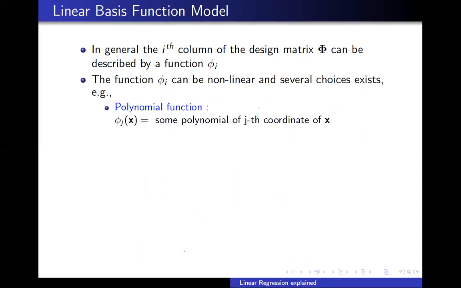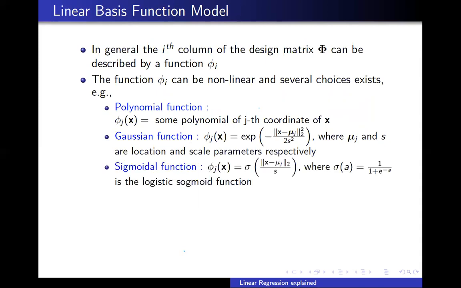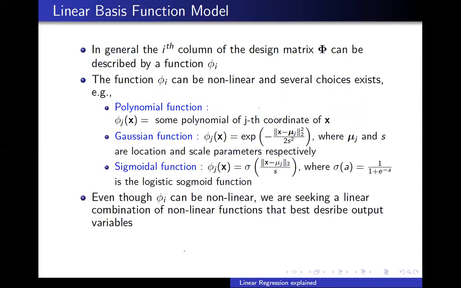It can be a polynomial function, right? For example, phi_j of x could be some polynomial of the jth coordinate, or the jth feature, or the jth covariate of x. It could be a Gaussian function with certain mean values and standard deviation, which you can also think of as location and scale parameters. It can be a sigmoidal function, and so on.